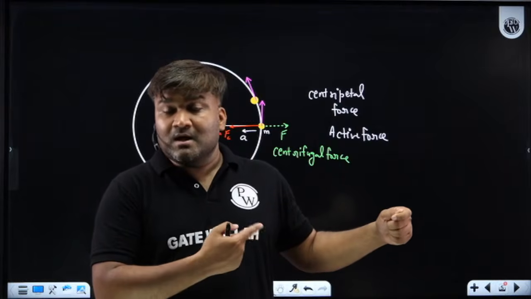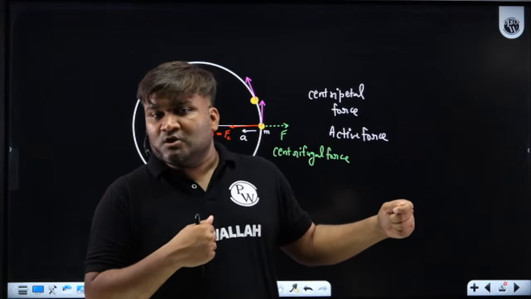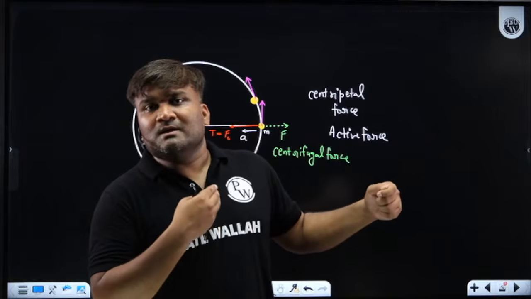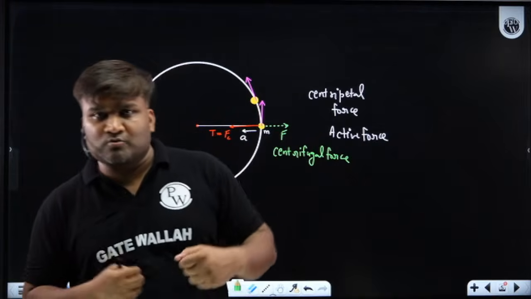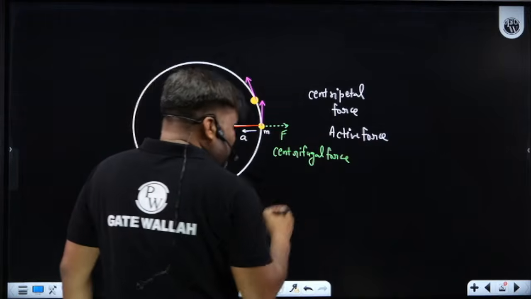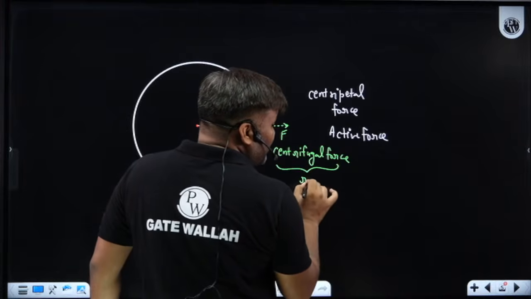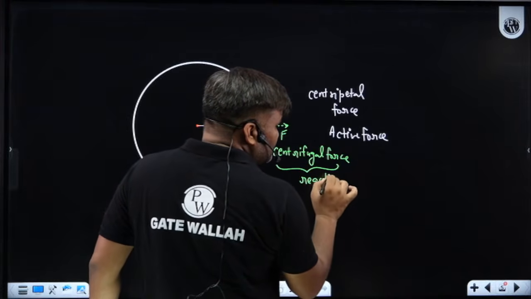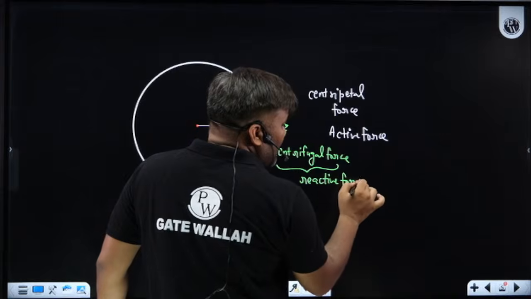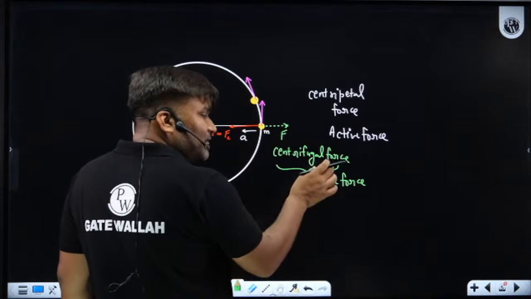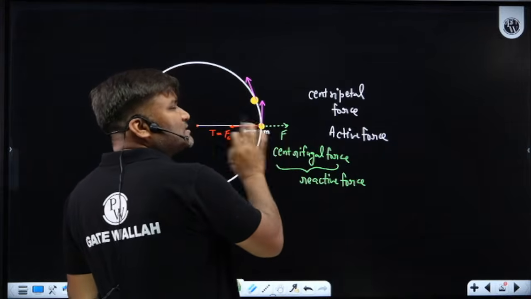But the person sitting on this will feel the centrifugal force. You will feel that somebody is trying to throw you out. So this is called your reactive force. And my dear, the effect of the reactive forces is seen on this body.